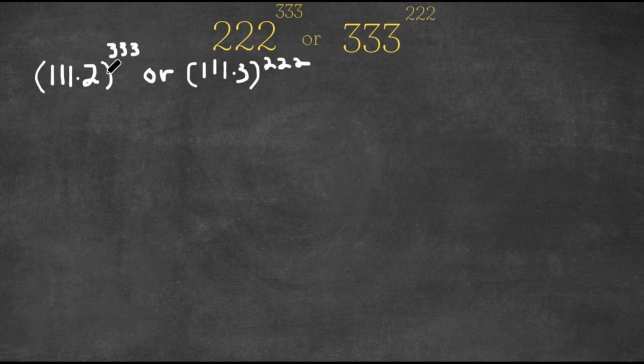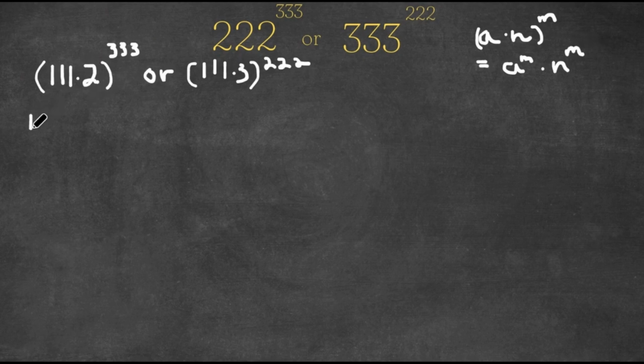Now, an important property of exponents is that if you have a times n to the power of m, this is equal to a to the power of m times n to the power of m. So right here we have 111 times 2 to the power of 333.